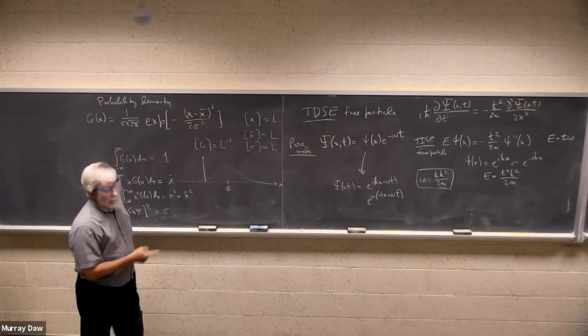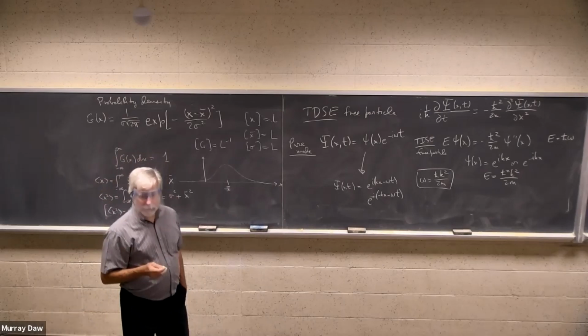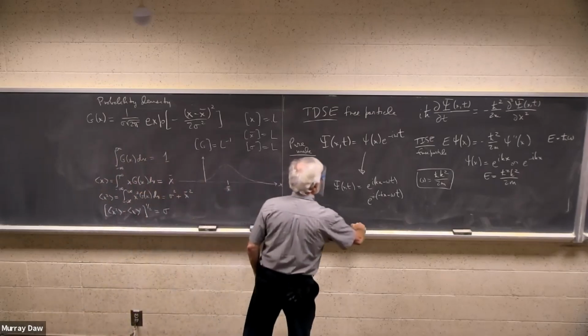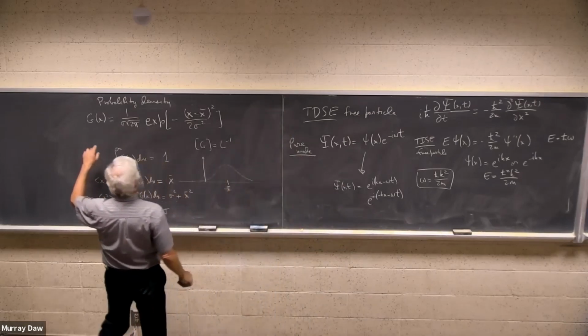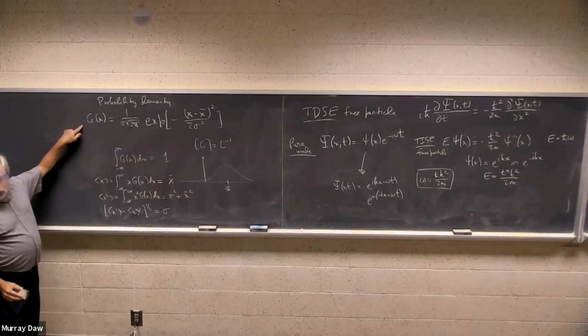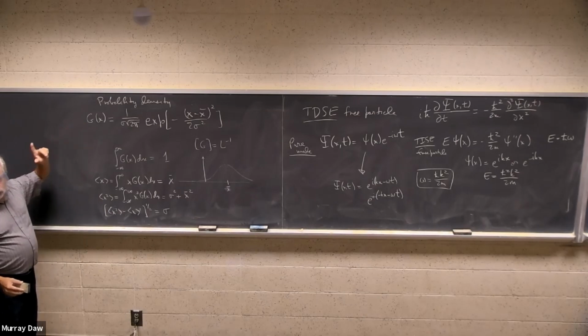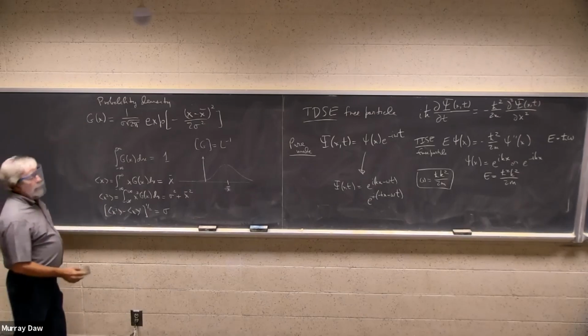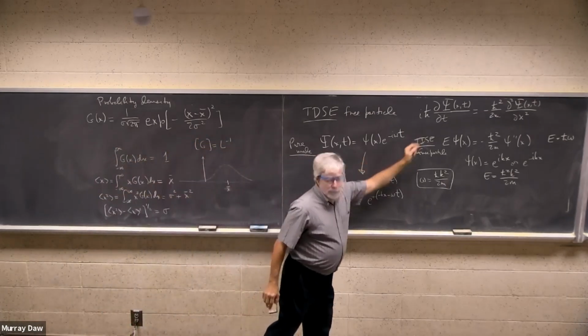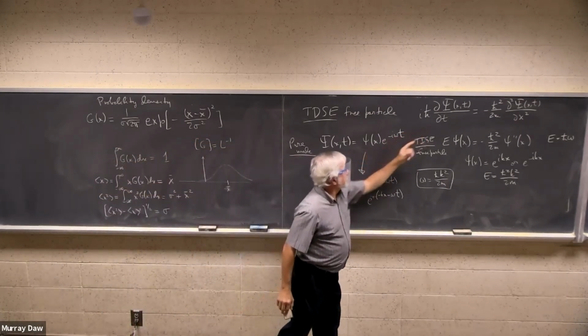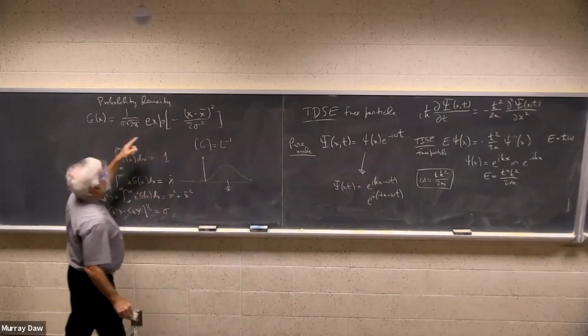Okay. So that's one possible solution. There are lots of solutions. You're going to investigate another now, and it's a wave function that gives rise to a Gaussian probability distribution. So this is not itself a solution to this problem. There's no time dependence in here.